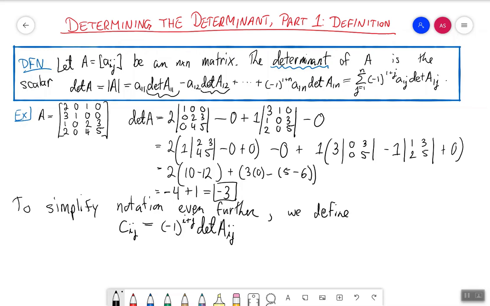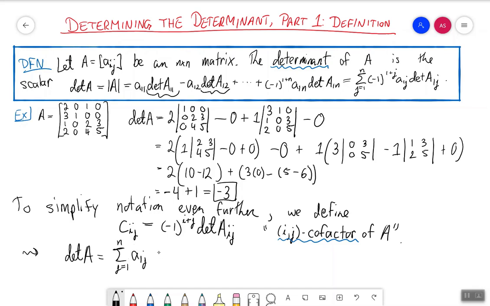And we call this the ij cofactor of A. Do not ask me why it is called a cofactor, because I do not know. When we use this notation, the formula for the determinant is then the sum from j equals 1 to n of a sub 1j, that's little a 1j, times big C 1j.